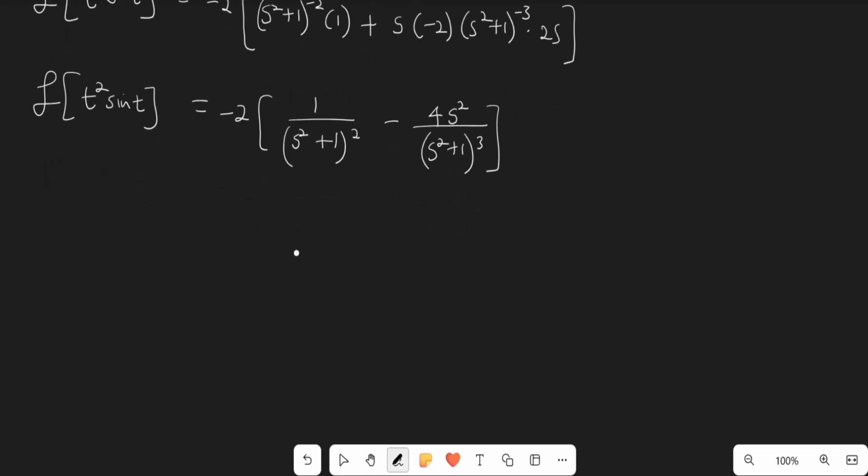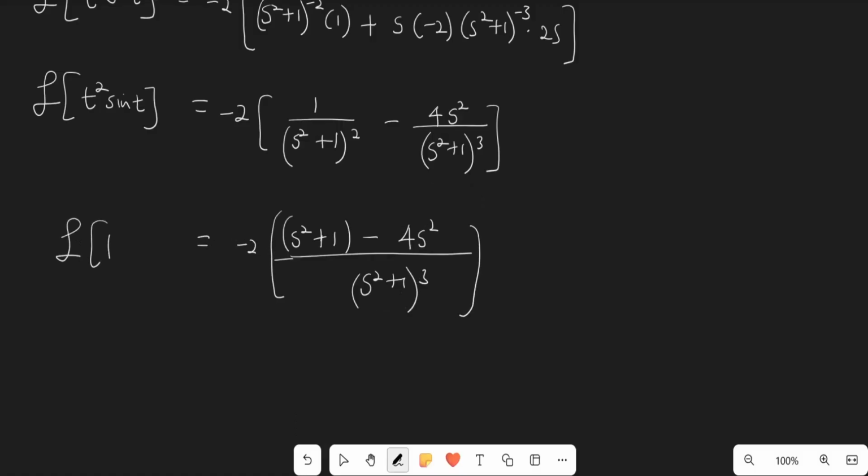The LCM here is s squared plus 1 all raised to the power 3. Now this divided by this is s squared plus 1, and minus 4s squared, all multiplied by negative 2 in front. This is the Laplace transform of t squared multiplied by sine of t.